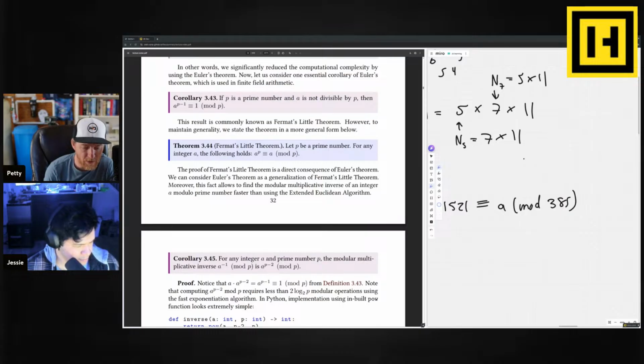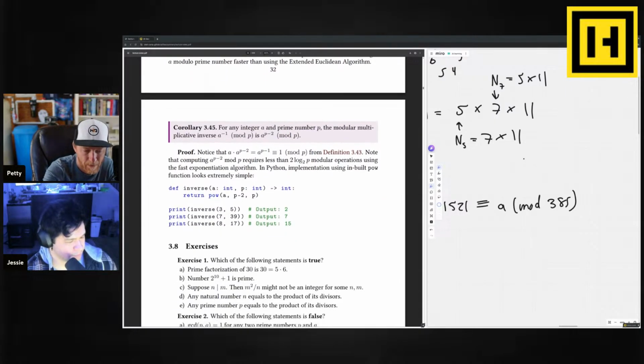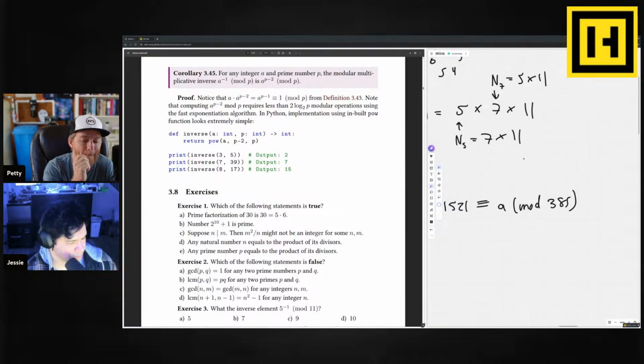Moreover, this fact allows us to find the modular multiplicative inverse of an integer A modulo a prime number faster than using the extended Euclidean algorithm. Corollary: for any integer A and prime number P, the modular multiplicative inverse, A inverse mod P, is A to the P minus 2 mod P.